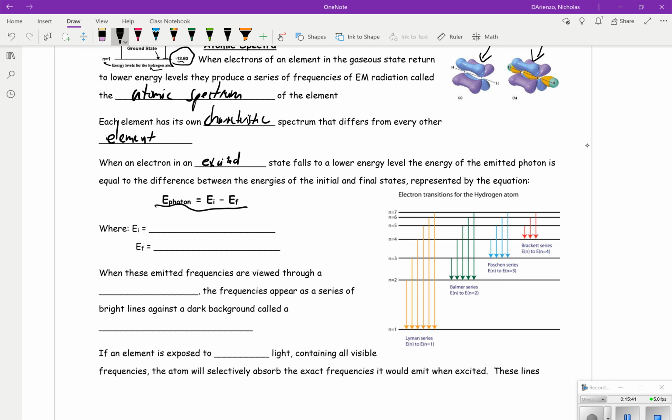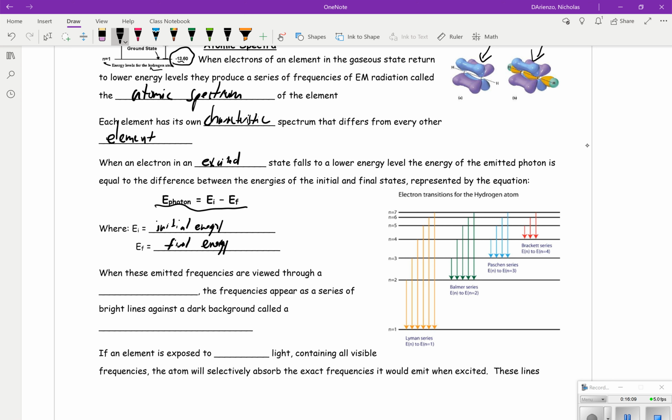So the energy of the emitted photon is equal to the change in the initial energy of the electron and the final energy of the electron. And that's going to correspond to a specific type of photon.